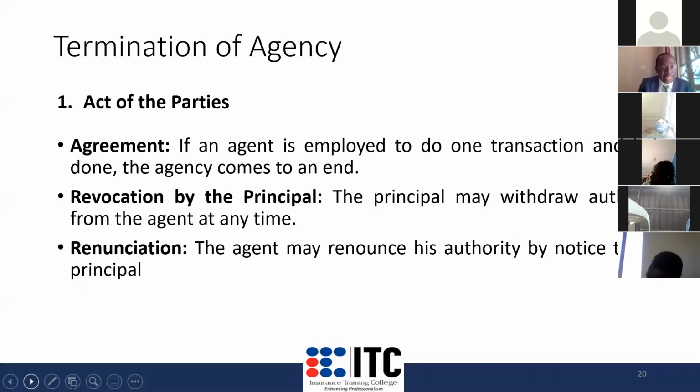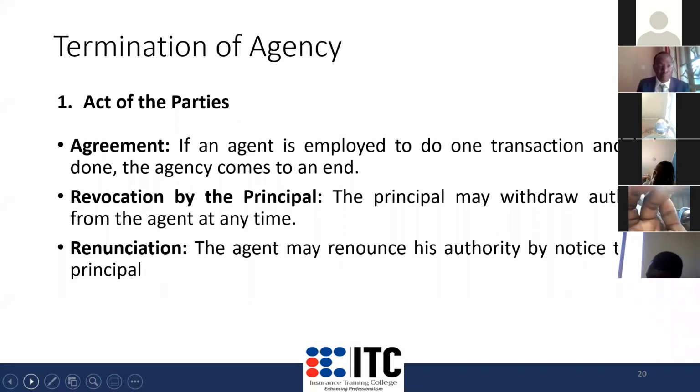Under the acts of parties, we have what we call agreement. As you're coming on board from inception, you sit down with the employer and they give you a contract.